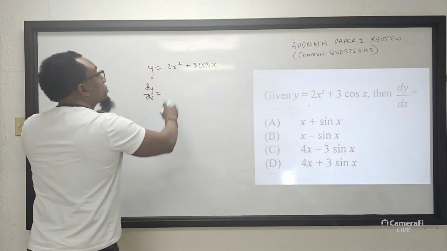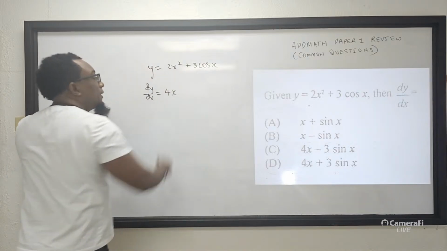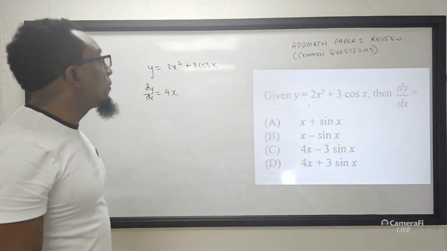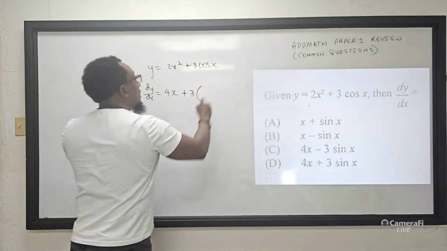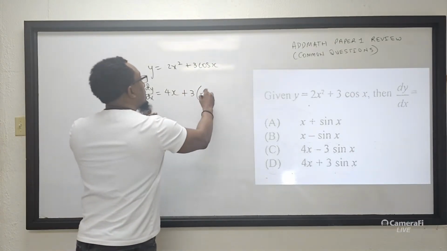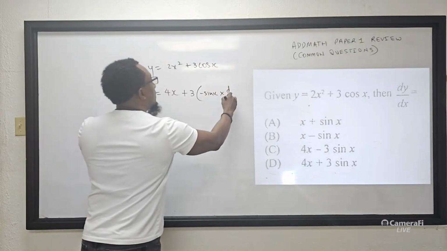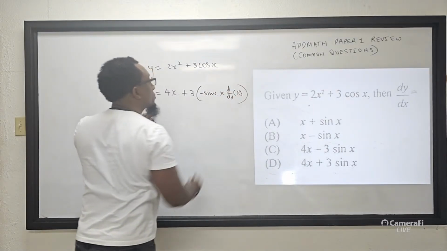Differential of 2x squared: 2 by 2 is 4, keep x, I subtract 1 from the power. And the differential of 3 cos x: the differential of cos the angle would be negative sine the angle times the differential of the angle x.